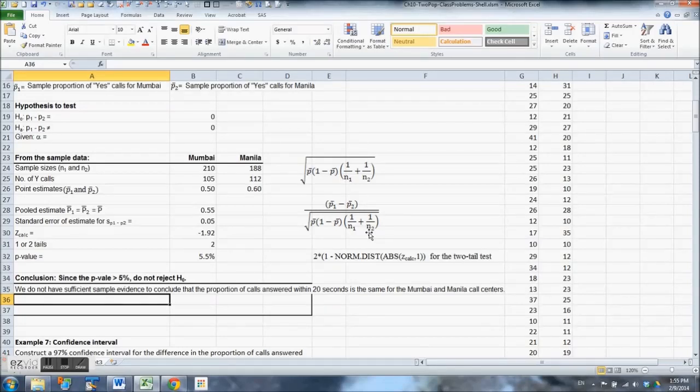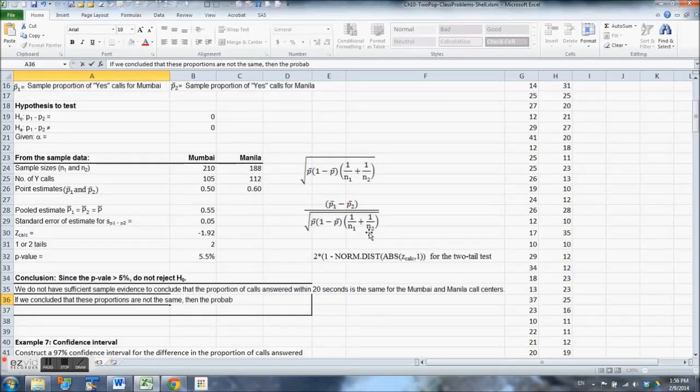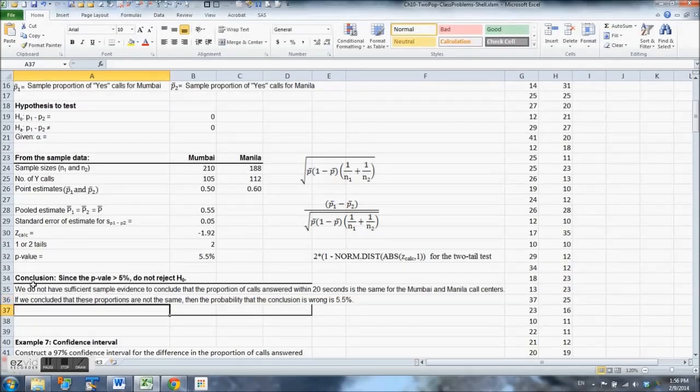The second part is the interpretation of a p-value. So now since we did not reject H0, we have to now say that if we rejected, in other words, if we concluded that these proportions are not the same, then the probability that the conclusion is wrong is 5.5%.